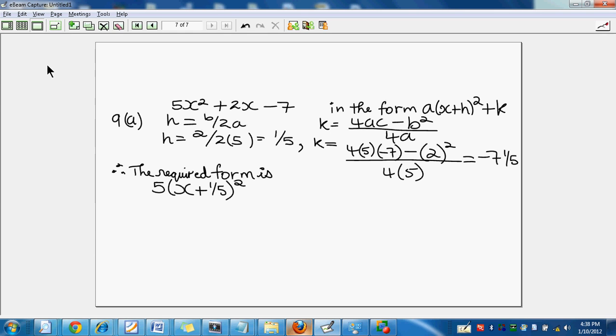The plus has no effect on the minus sign when you remove the brackets. So it will be minus 7 and 1/5. So the required form is 5 into open brackets x plus a fifth close brackets all squared minus 7 and 1/5. So that will be the answer for 9A.